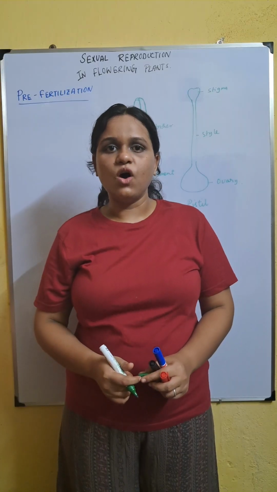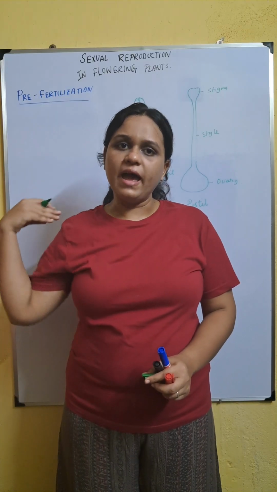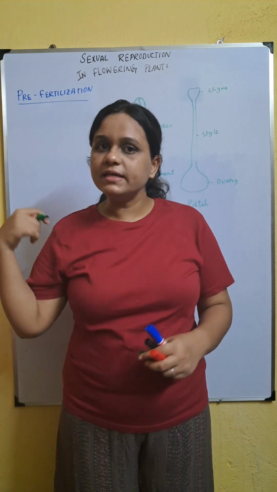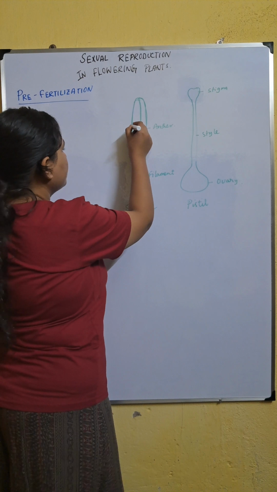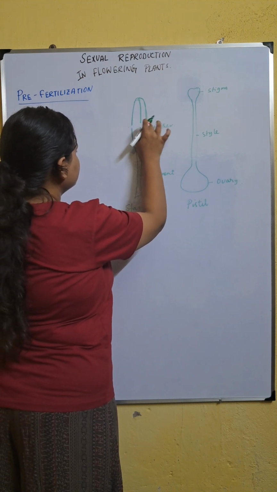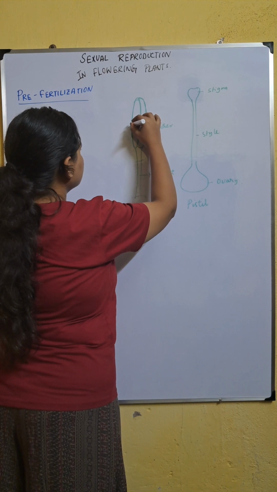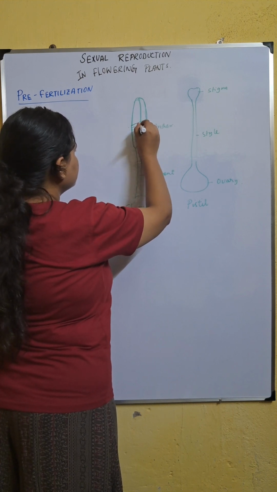Pollination is the process of transfer of pollen grains from the anther of the androecium to the stigma of the gynoecium. So, here you can see this is the anther. When it dehisces, it looks like that. For example, if this is a dehisced anther, it looks like that.